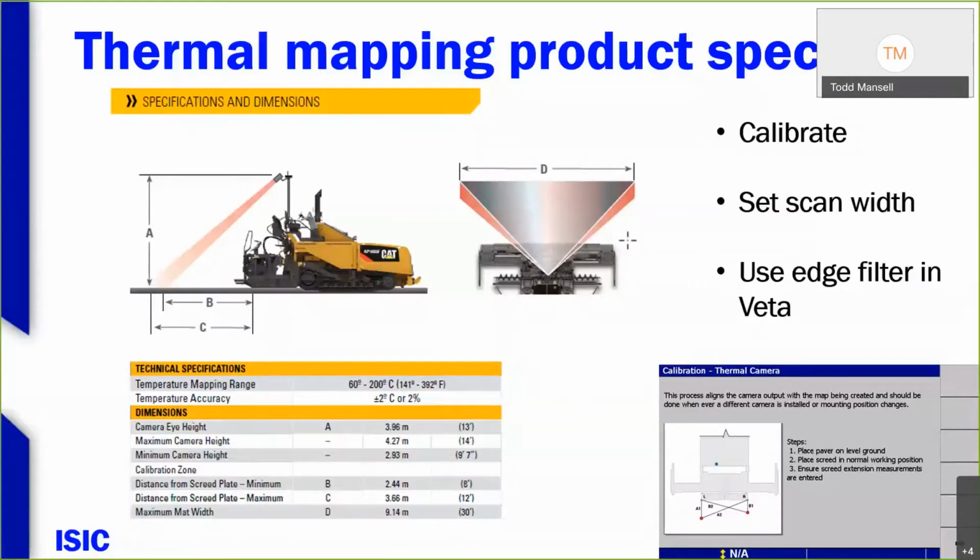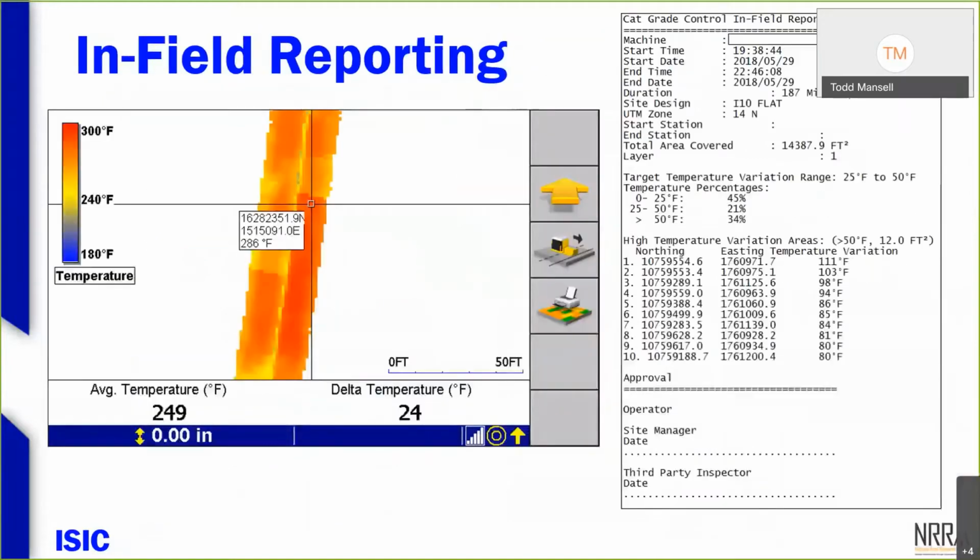You're setting the scanning width, depending on the mat width that you're paving. And we'll talk a little bit about the analysis software and data later on, but there are some things we have to take into consideration when looking at this thermal data, such as the edges of the pavement and the longitudinal joint area where it's typically cooler.